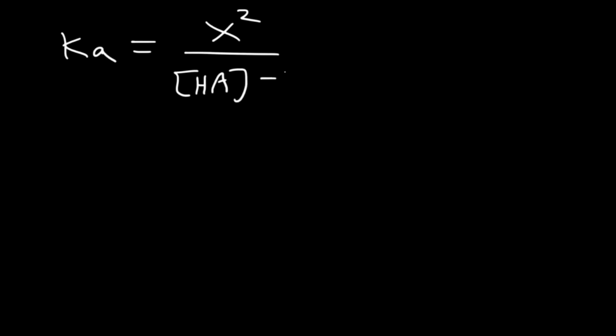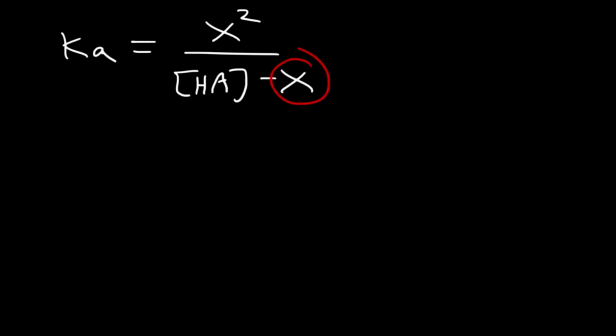If you want to quickly get the answer, whenever you have a weak acid, and you're given the concentration and the Ka value, and you want to find the pH, let's simply review the steps. First, use this equation: Ka is equal to x squared divided by the acid concentration minus x. If Ka is very small, like 10 to the negative 5 or less, typically you can ignore this x value.